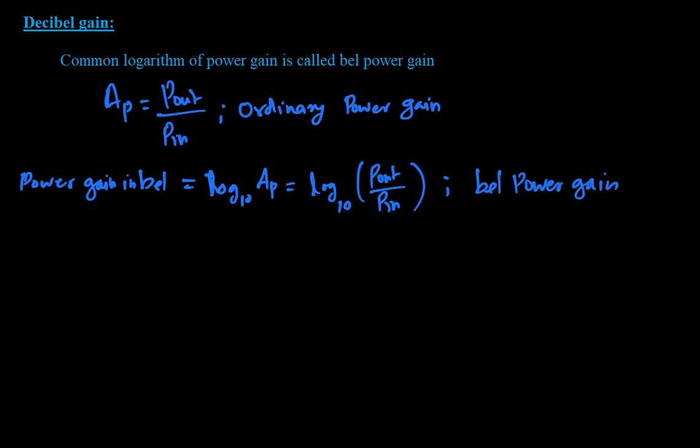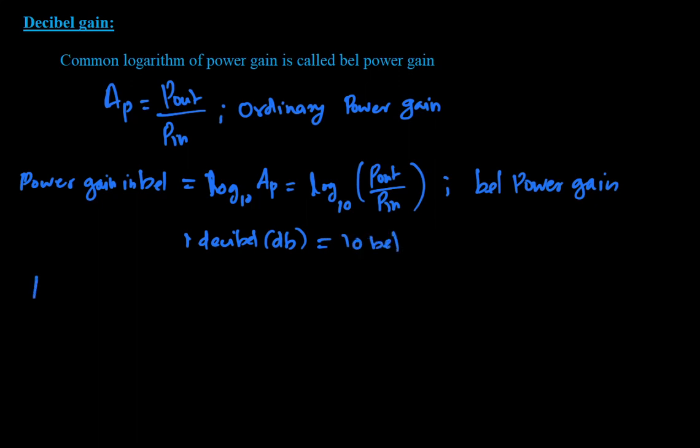The common or practical unit to represent the gain is not the bel, but the decibel. We know that 1 decibel, expressed as dB, is equal to 10 bel.